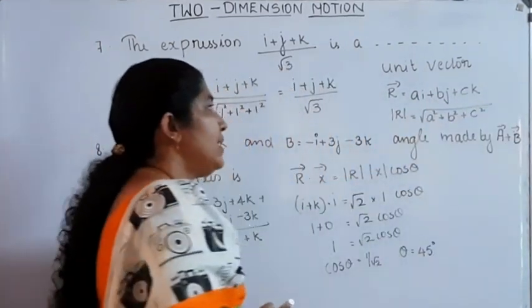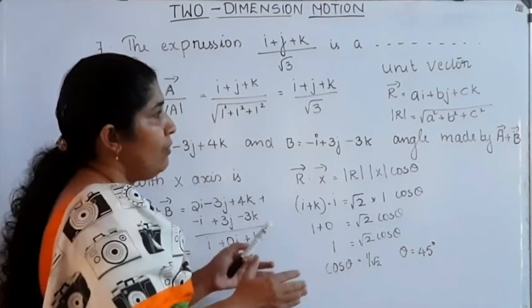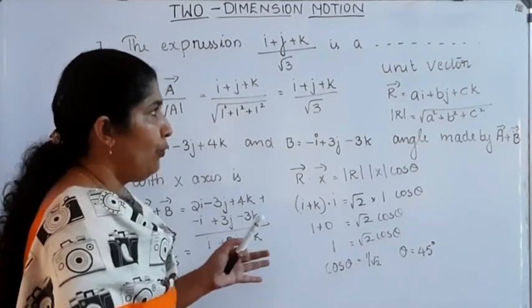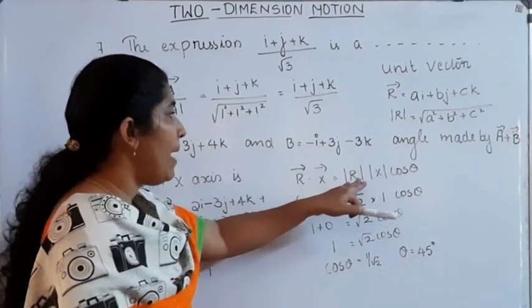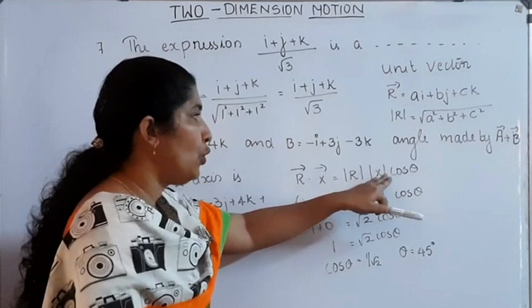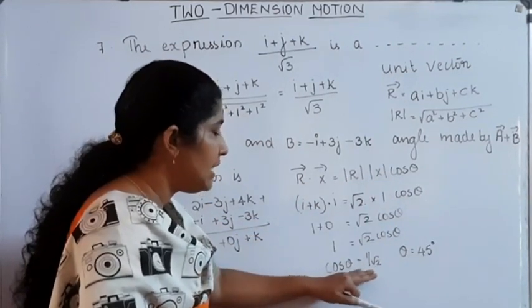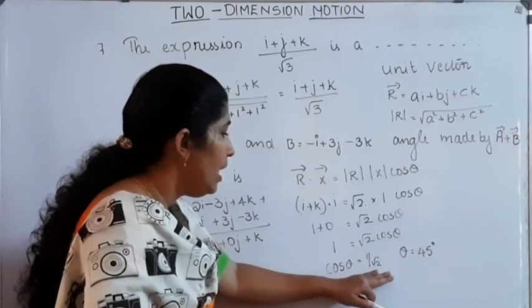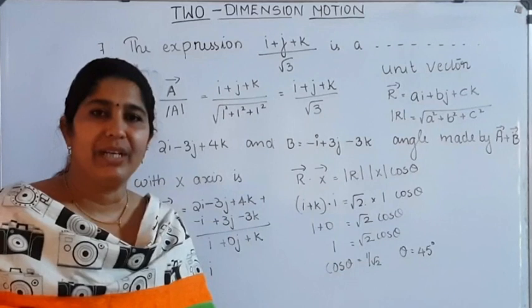Root of a square plus b square plus c square, that is the way in which we can find out the magnitude of a vector. By using that we can find the magnitude of vector r and magnitude of x. Then on substitution we get cos theta is equal to 1 by root 2, which means theta is equal to 45 degrees.